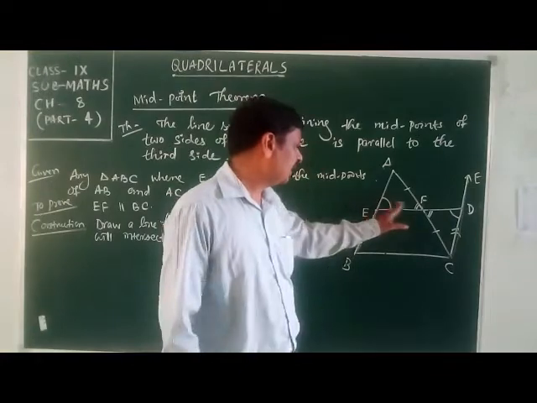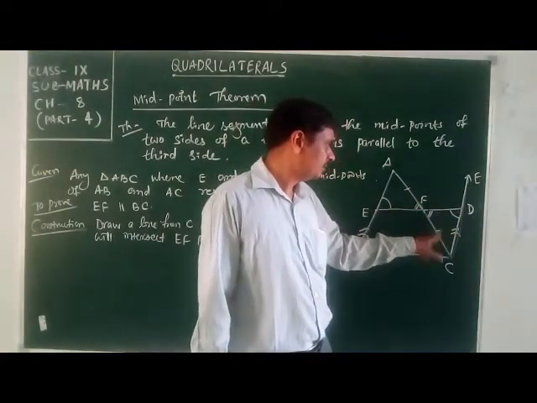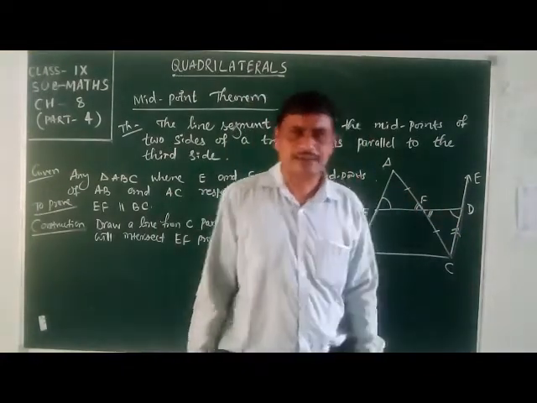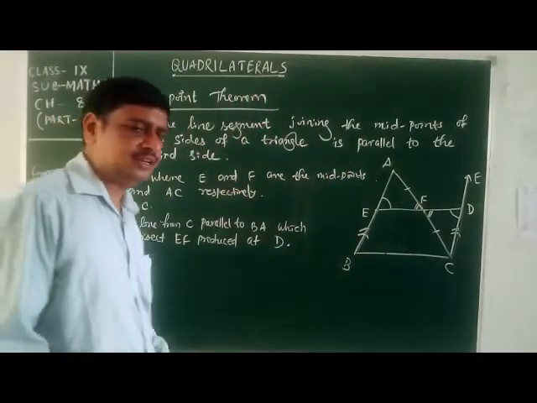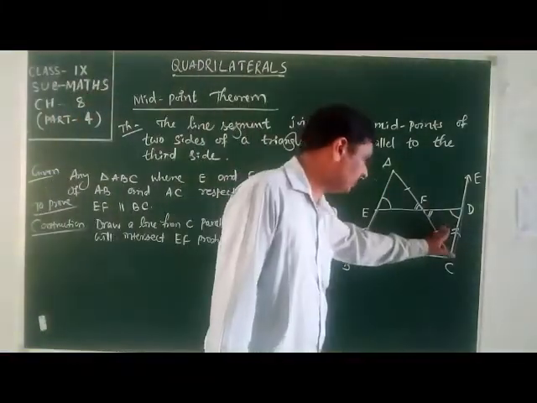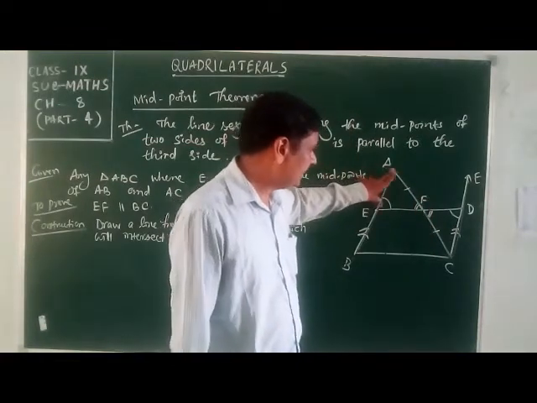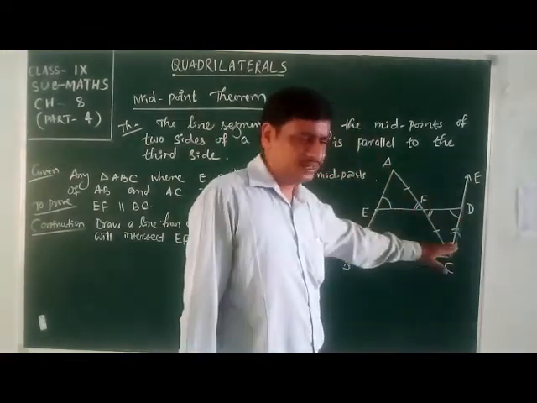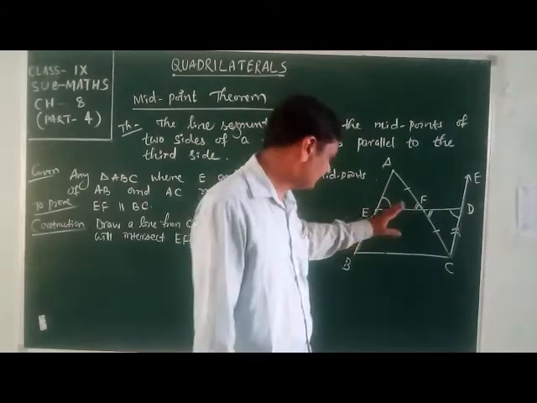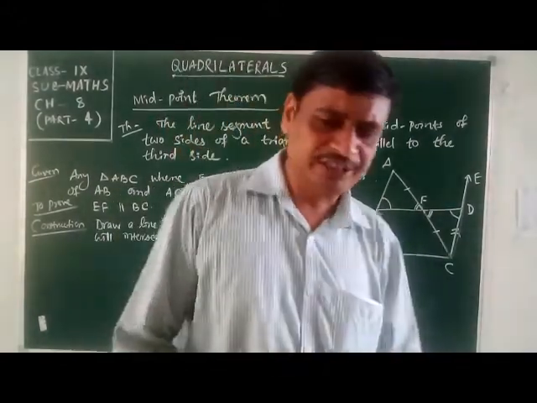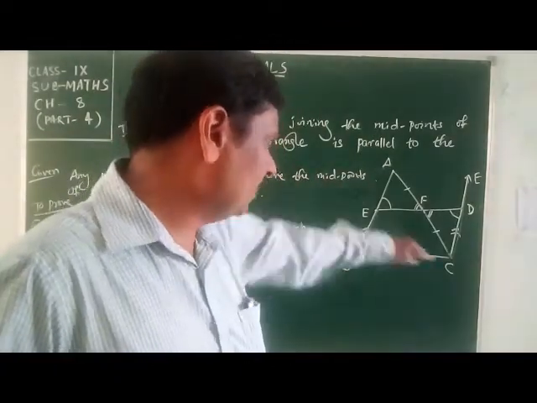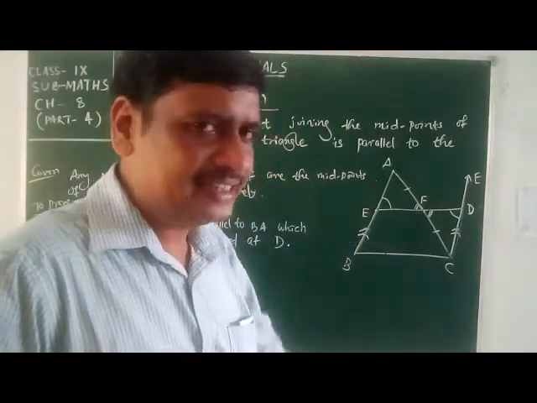By angle side, both the triangles are congruent. By AAS, the triangles become congruent. When these two triangles are congruent, then AE and CD become equal. This implies BE and CD are also equal. If BE equals CD and BE is parallel with CD, then BCDE is a parallelogram.